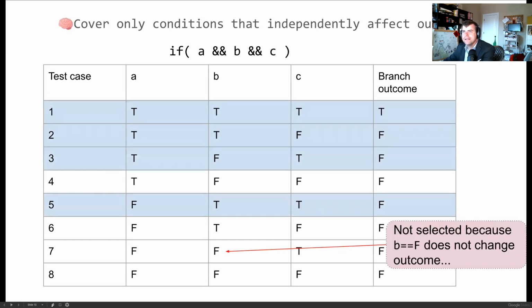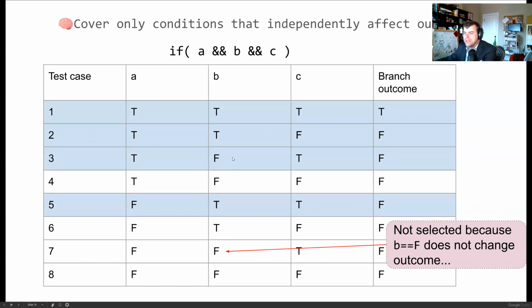And so the idea of MCDC coverage is to intelligently filter these conditions so that you don't have to cover all of them. The main idea is that you use this insight of not selecting a test case where you would have never really run that code because there was no change in the decision outcome.